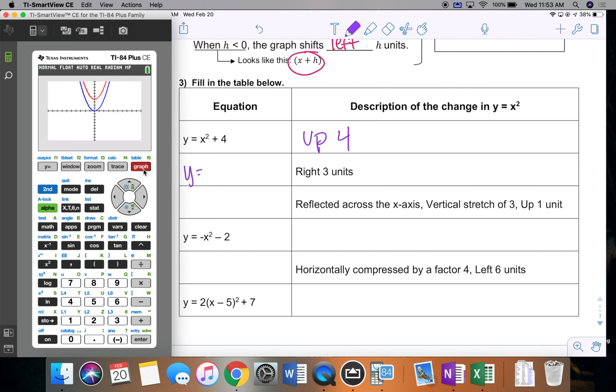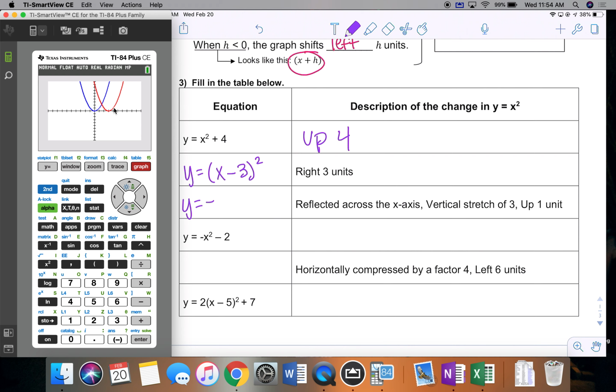In order for something to go to the right, we need to put a minus in parentheses with x. If I'm not sure, I can write my equation and then double check it. I have (x minus 3) squared, and when I click graph, I can make sure that what I just wrote did go to the right 3 units. To reflect across the x-axis is going to be a negative.